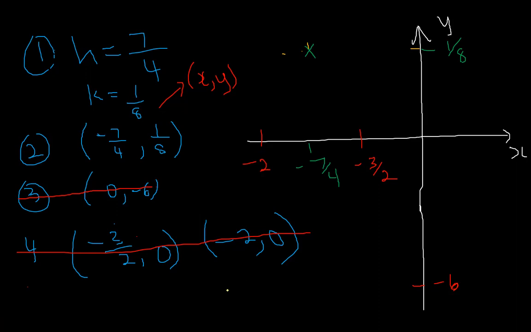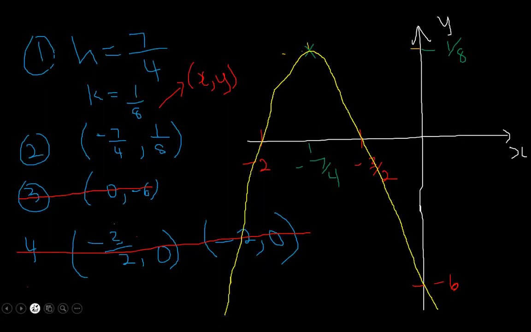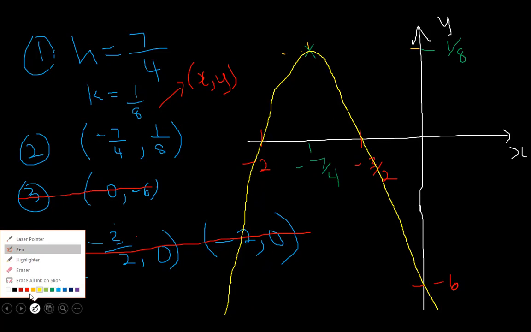So I come from here, pass through this point, go up, pass that point, come down, pass this point, go all the way down, and pass through that point. That is how you sketch a quadratic curve.